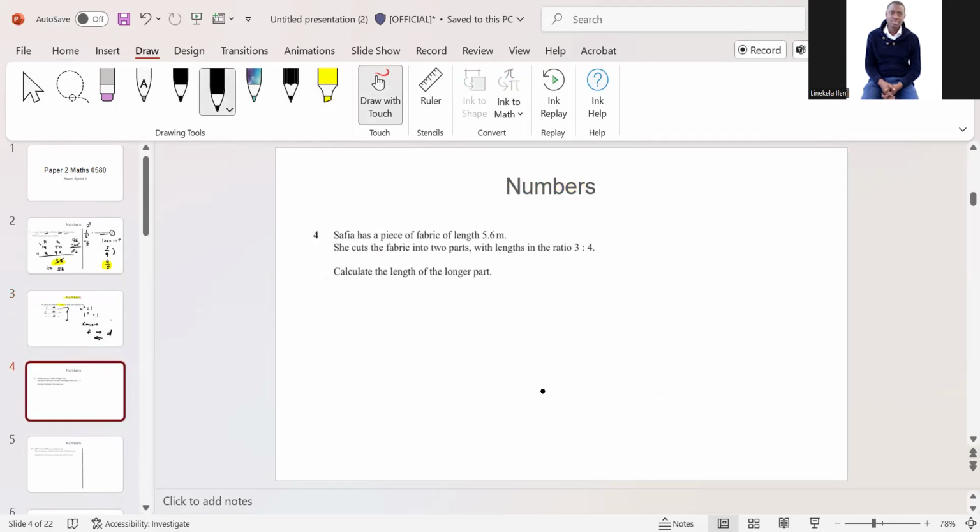All right. Then the second one, typical ratio questions. Here, just be careful when you're dealing with ratios.